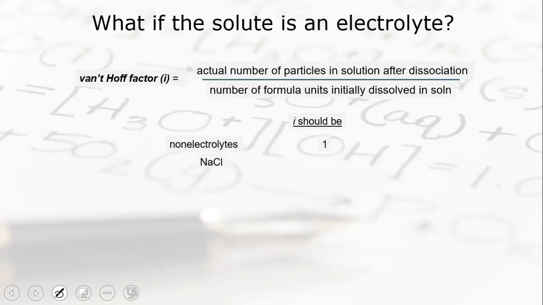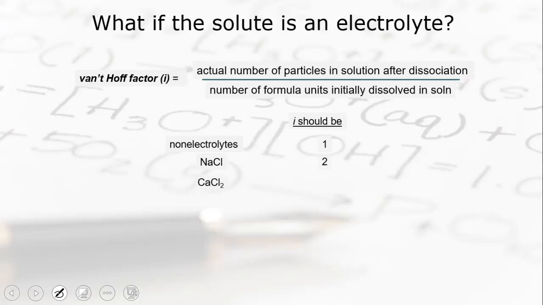What should it be? Here is where you go back to your knowledge of ionic compounds and remember that when this dissolves in water, I get 2 ions for every formula unit. So 2 over 1 should give me a Van Hoff factor of 2.